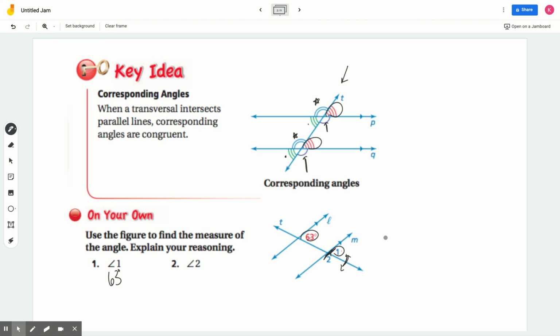We know that straight lines are 180 degrees. So angle 2 plus angle 1 of 63 is equal to 180. We can then solve this equation to find angle 2. Angle 2 turns out to be 117 degrees.